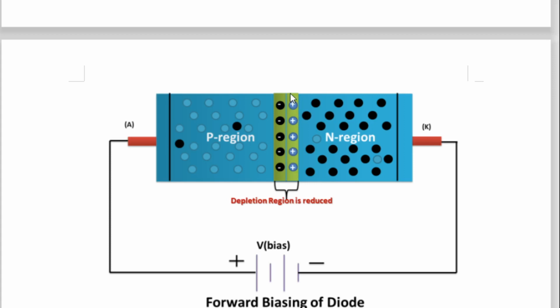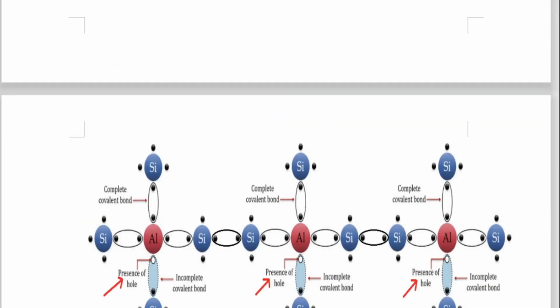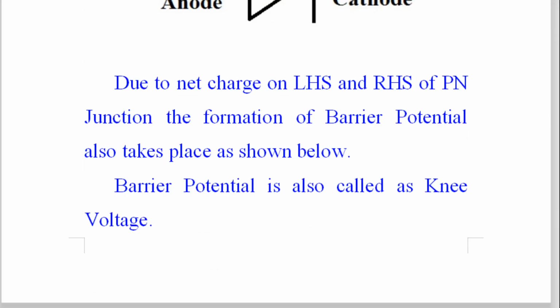The atoms on the left-hand side of the junction, those who have gained the electron, their negative charge is increased, therefore this is marked as minus. This is very important when you combine a p-type material with an n-type material, and that is what I have explained with the help of a single crystal.